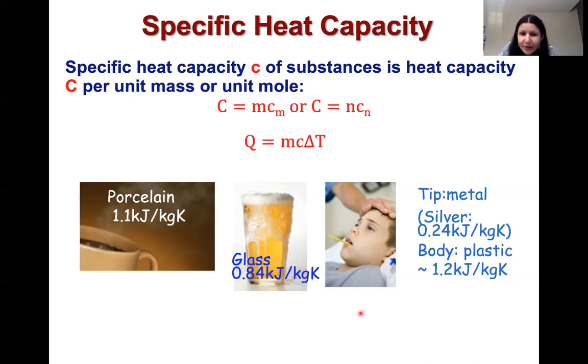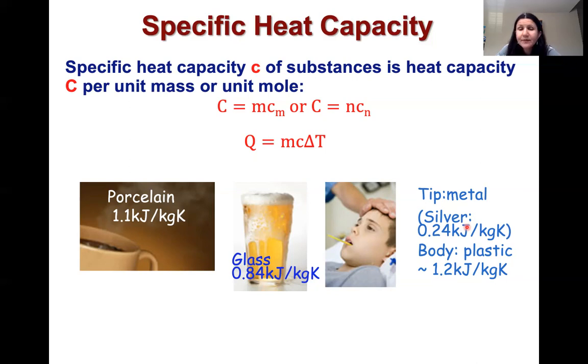Let's look at how a thermometer is built. So the thermometer normally has an outside plastic casing that has high specific heat, and the silver material inside that actually gives you the reading has a significantly lower specific heat. So why is that? Because we want the silver to change its temperature closer to that body temperature.